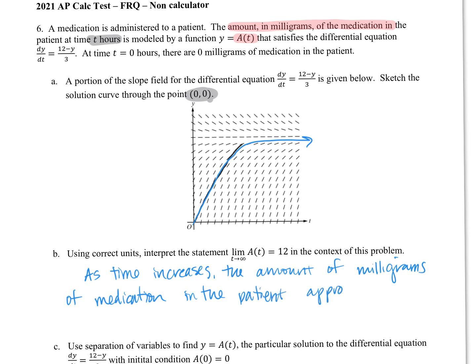And I think that's hard to remember, to use that word as opposed to equals. But as t approaches infinity, that limit is approaching 12.